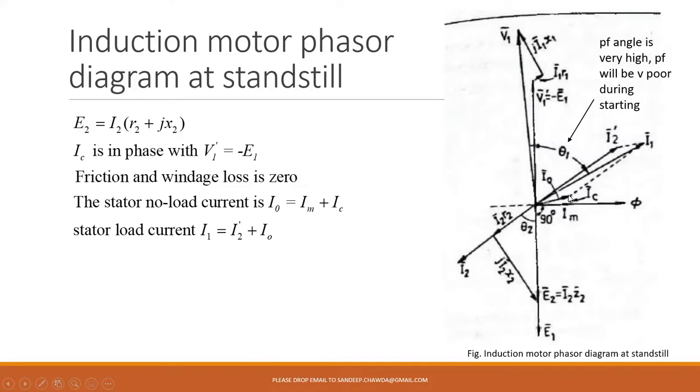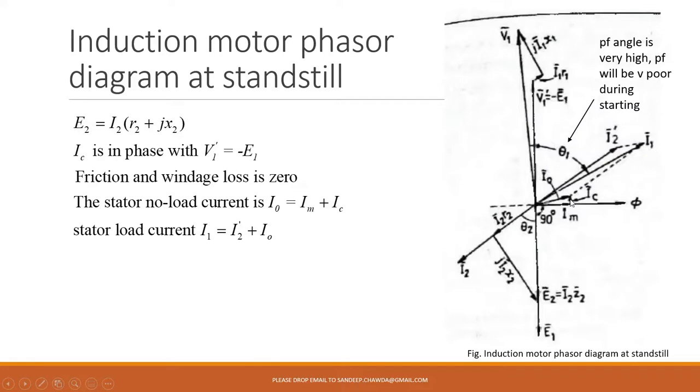How can I0 be obtained? I0 is the no load stator current, which will consist of your IC and IM. So the phasor sum of IC and IM is going to give you I0.